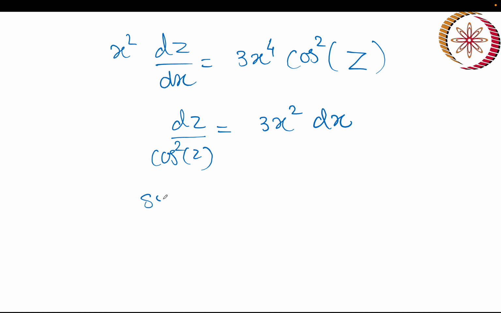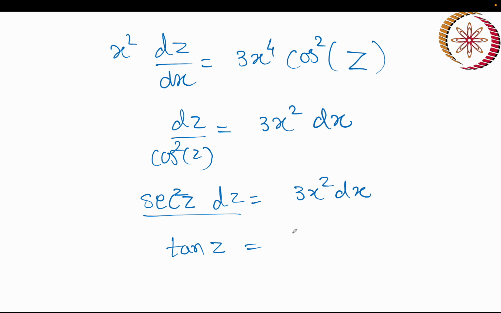This is nothing but sec square z dz is equal to 3x square dx, and on integrating, it will be tan of z is equal to x cube by 3 times 3, so the 3 gets cancelled, it will be x cube plus a constant. Okay, so we have the solution.